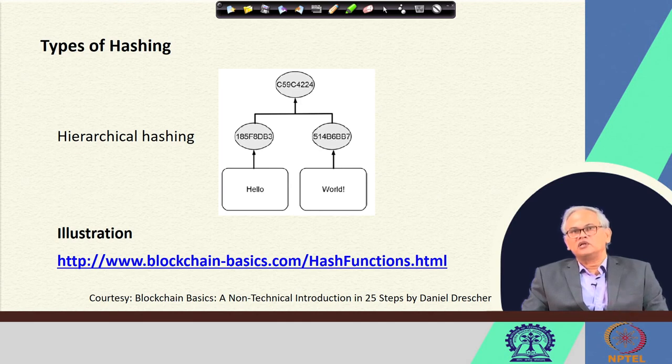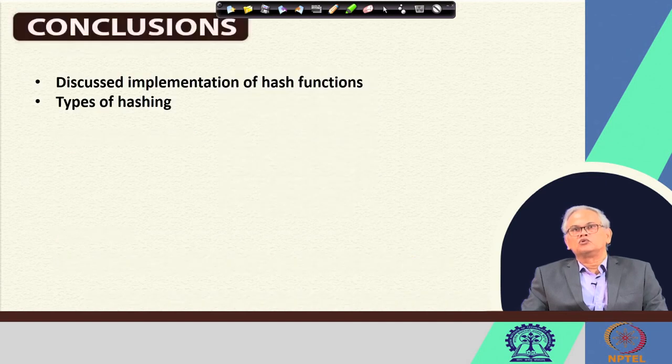And as I mentioned, in the very next lecture we will talk about construction of the Merkle tree, again a backbone of constructing blockchain, specifically Bitcoin, where these concepts of hierarchical hashing will be used. So, that is the outlook for our next lecture, and with that we conclude this particular lecture.